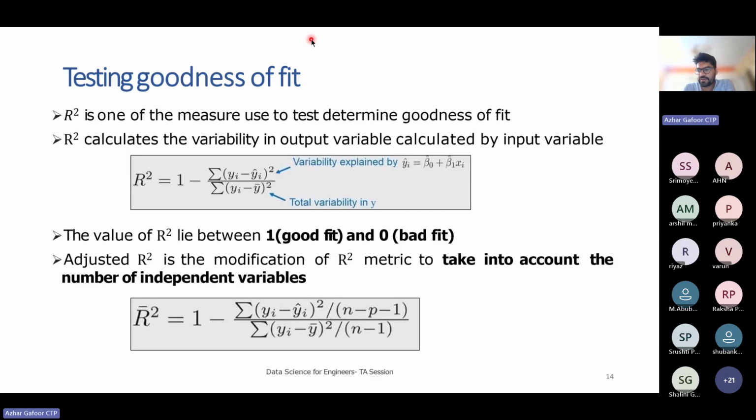If you have any doubt, you can unmute and speak. Sir, where do we have to use all these equations?